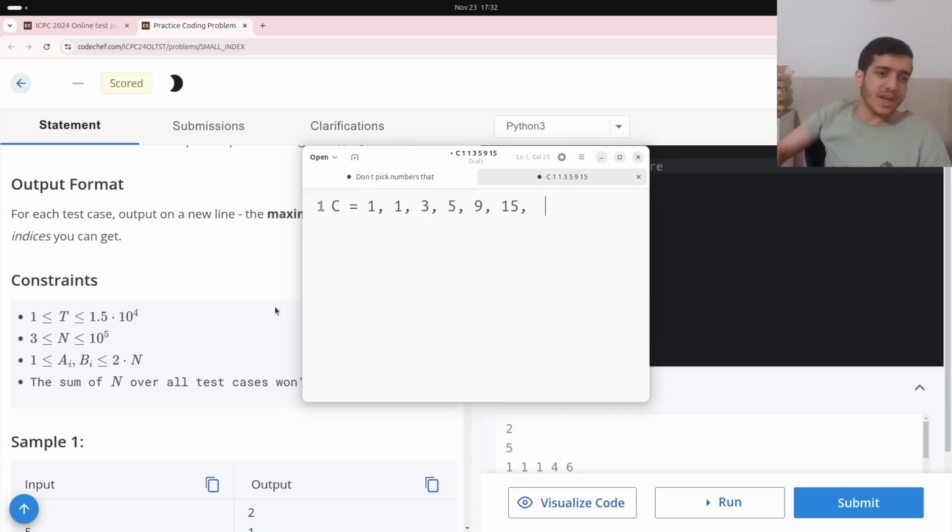I wish n was smaller and we could do backtracking. This problem is not that easy, right? It doesn't seem like a super easy problem to me.